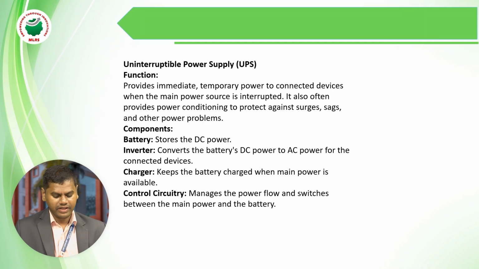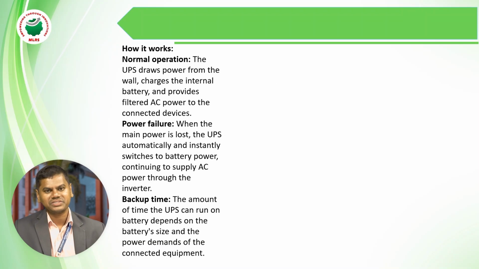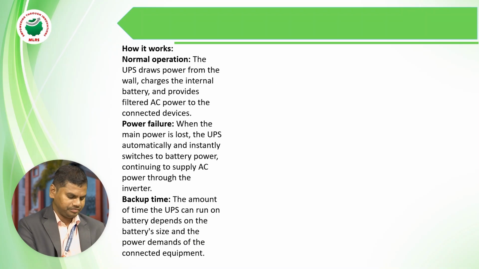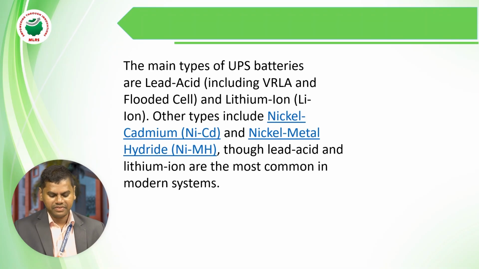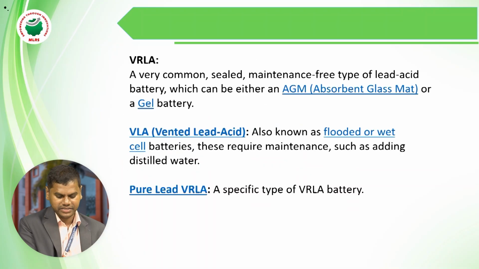In the UPS function, the components are the battery, inverter, charger, and control circuitry, and how it works in normal operation, power failure, and backup time. And the types of batteries are lead acid, nickel metal hydride, and nickel cadmium.